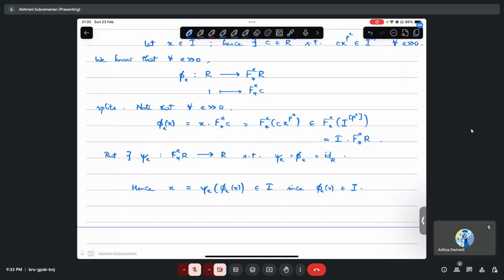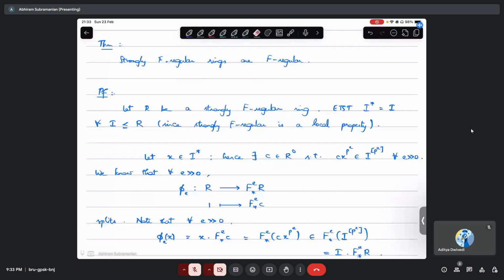Regular rings are overpowered. So the Frobenius being flat is an overpowered condition. But here, if you look at this argument, it feels like we have used the property of strong F regularity to the utmost that it can offer. And we can't weaken this property of strong F regularity without making this theorem false.